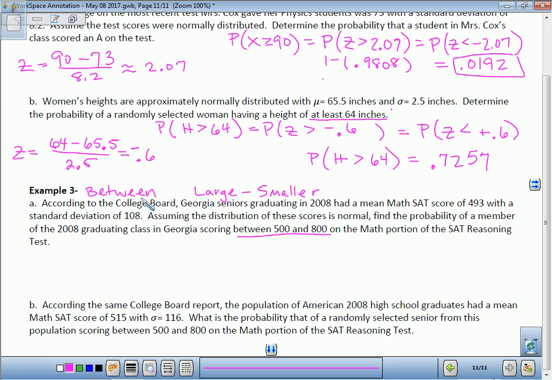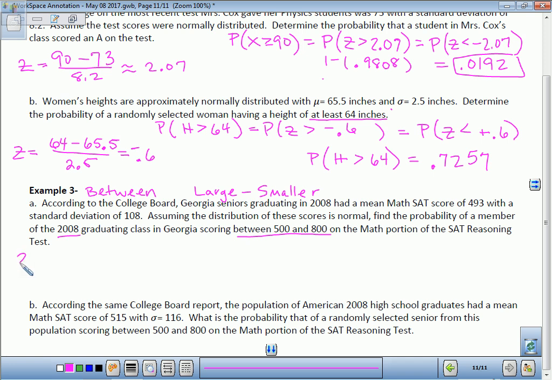Okay, so according to College Board, Georgia seniors graduating in 2008 had a math SAT mean of 493 with a standard deviation of 108. Assuming the distribution was normal, find the probability that a member of the class of 2008 scored between a 500 and an 800.